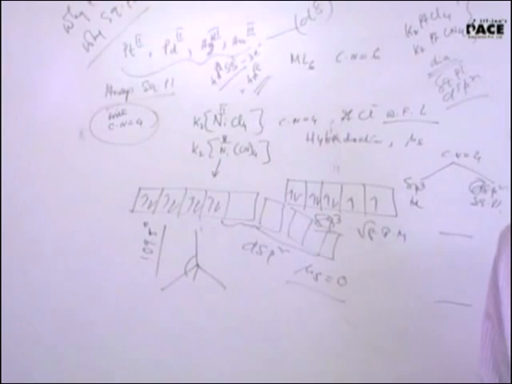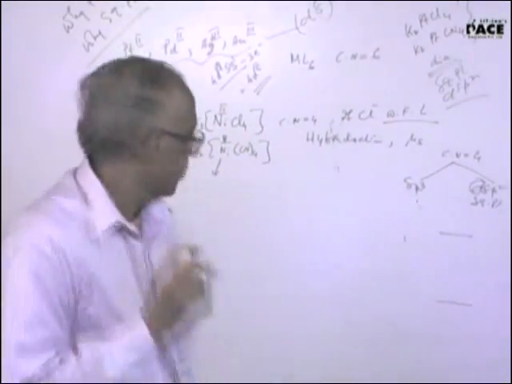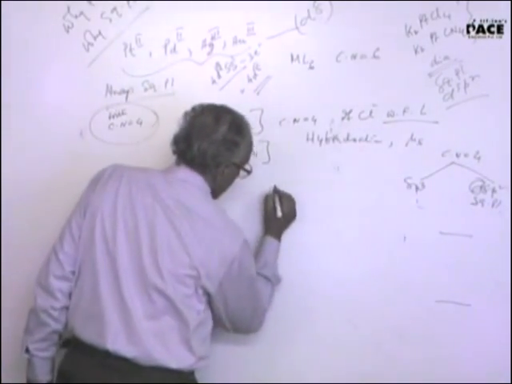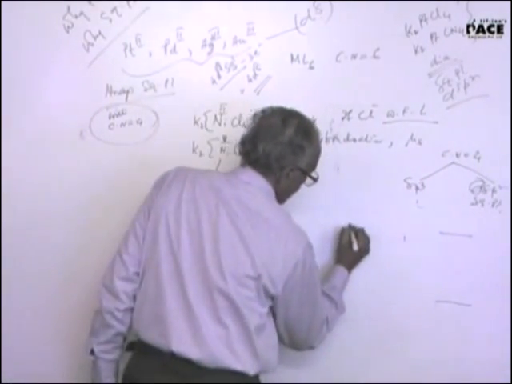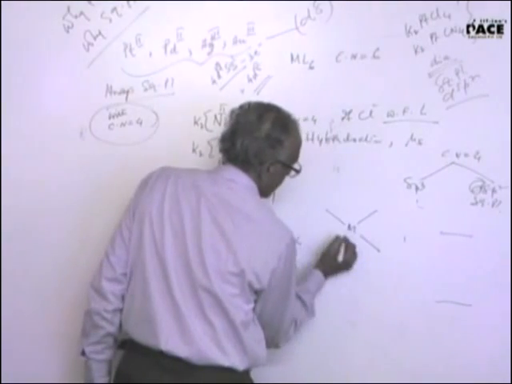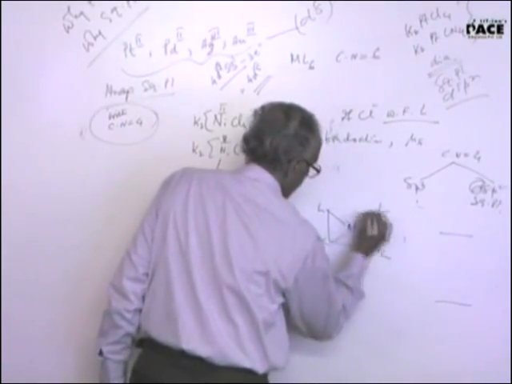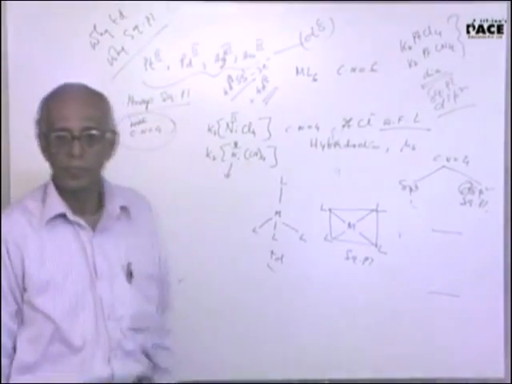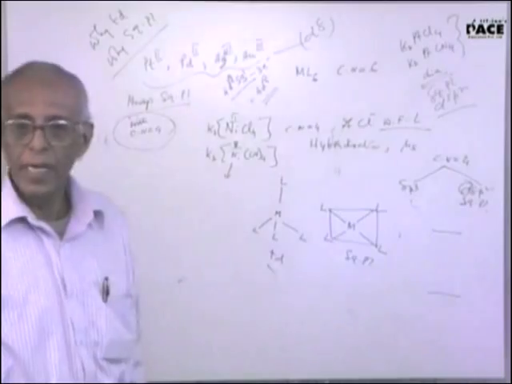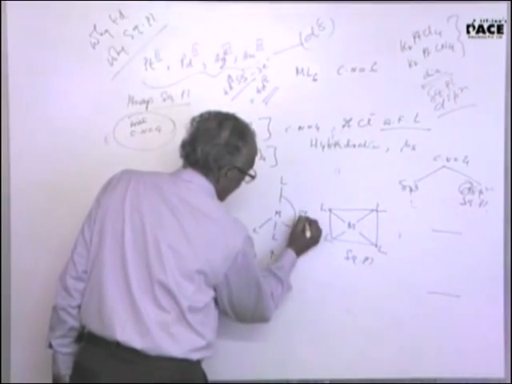In tetrahedral, the angle of separation is 109.5 degrees.